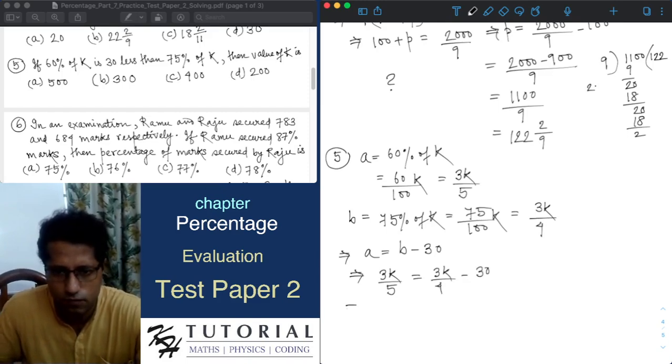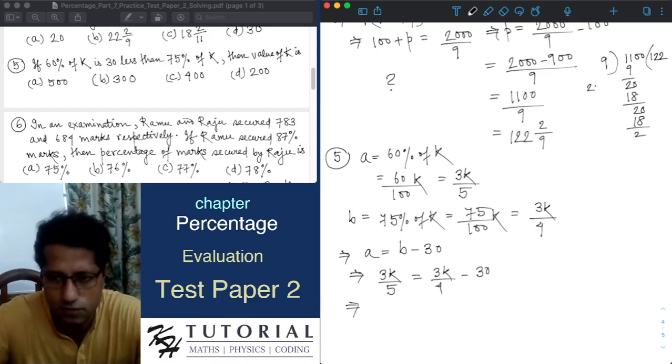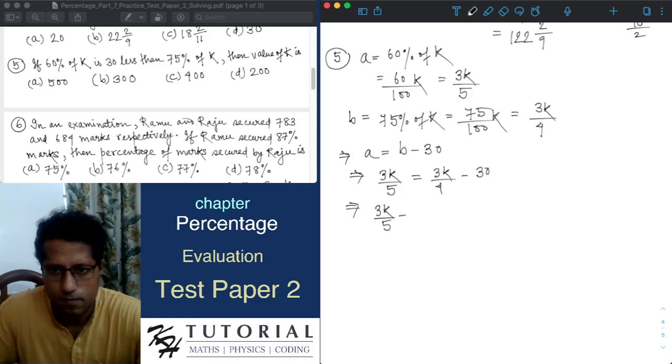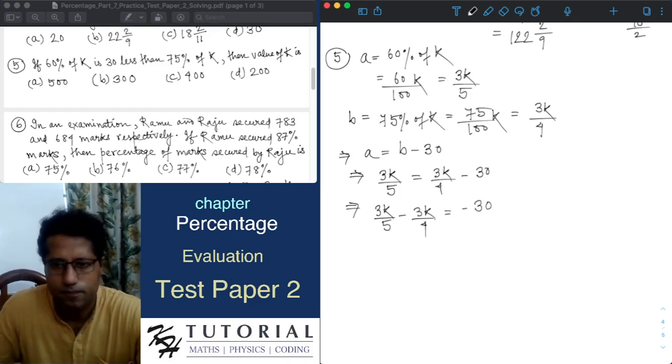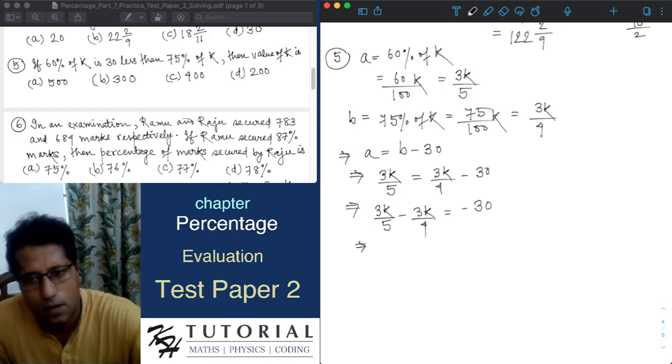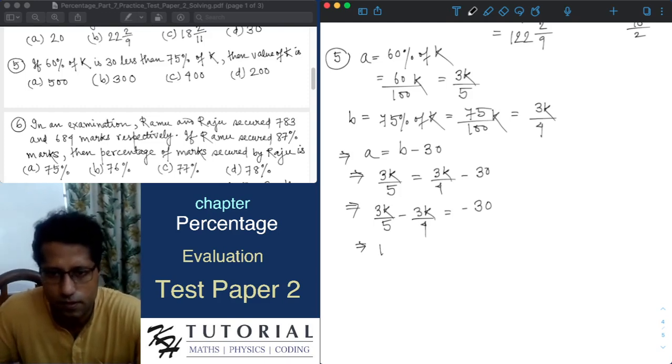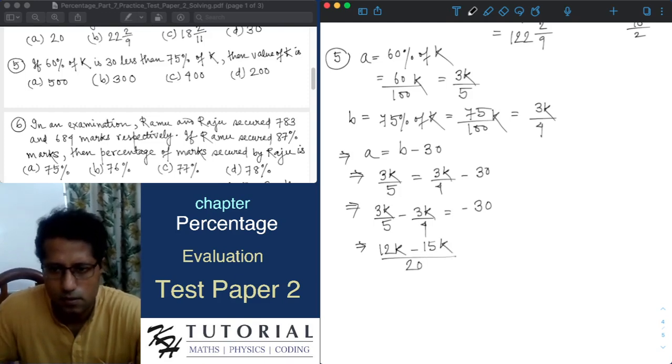Now we have to solve for k from this linear equation. We will bring all the k terms to the left hand side, and we get 3k by 5 minus 3k by 4 equals minus 30. Now this will be 12k minus 15k divided by 20 equals minus 30.